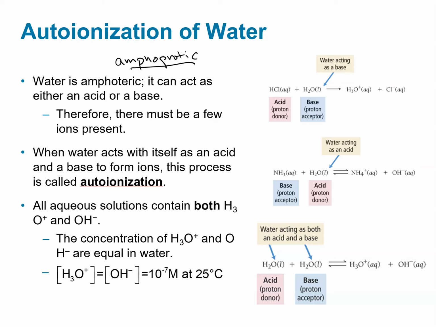So let's take a look at this. When water acts with itself as an acid and a base to form ions, this process is called autoionization. So what's this look like? Well, I'm going to draw a linearized water. Remember, this is bent technically.